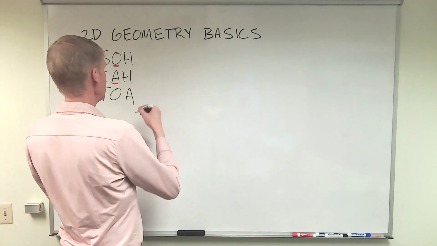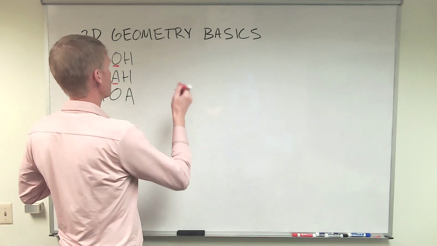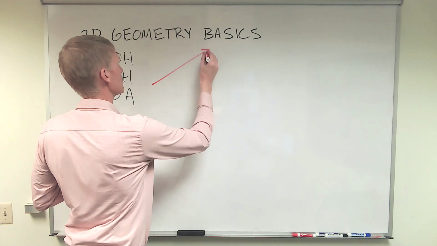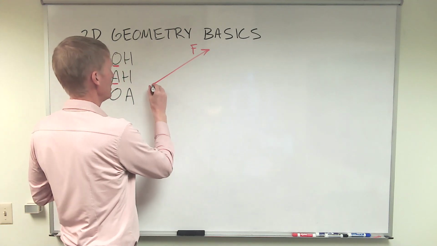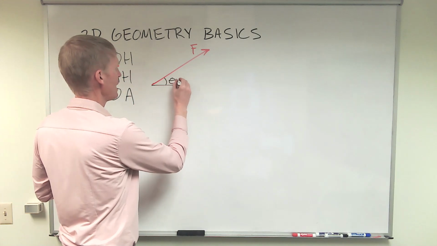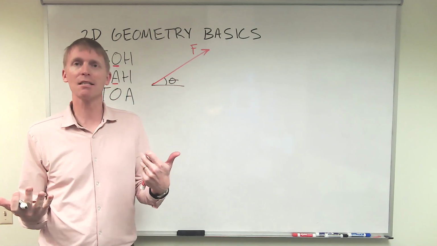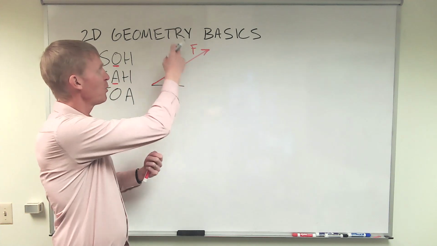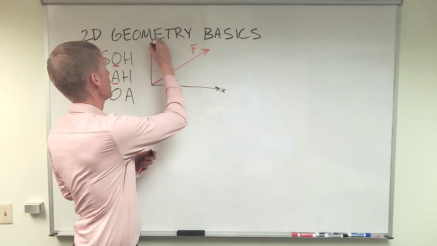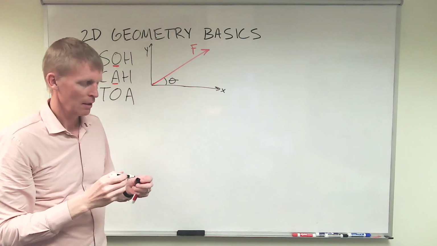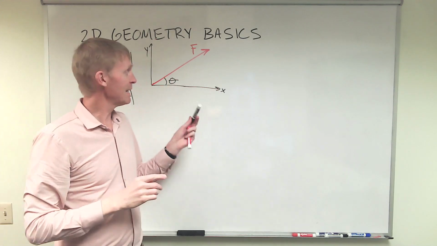What I'm seeing is students trying to break vectors into components. If this is a force, and I give information that it is at some angle theta from horizontal, I'm typically asking my students to break this force into an x component and a y component. The x component is horizontal, the y component is vertical.